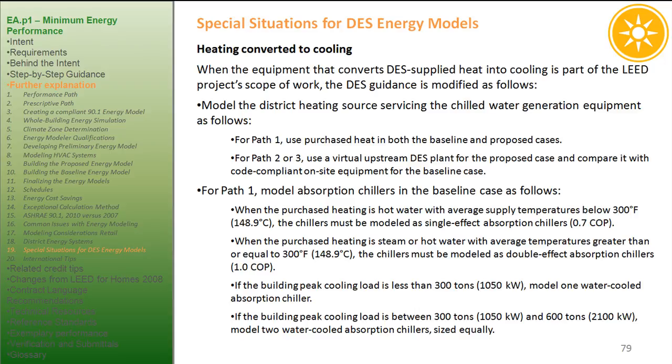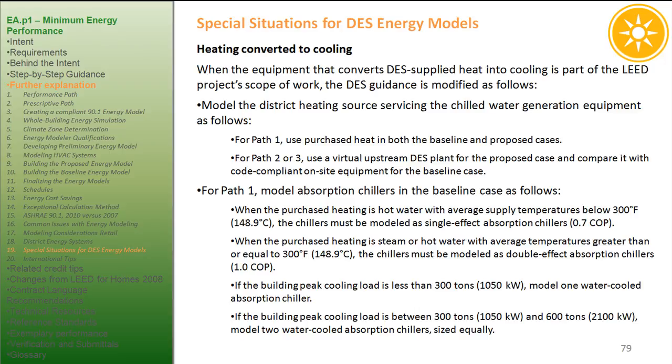When the purchased heating is hot water with average supply temperatures below 300 degrees Fahrenheit, 148.9 degrees Celsius, the chillers must be modeled as single-effect absorption chillers, 0.7 COP. 2. When the purchased heating is steam or hot water with average temperatures greater than or equal to 300 degrees Fahrenheit, 148.9 degrees Celsius, the chillers must be modeled as double effect absorption chillers, 1.0 COP.